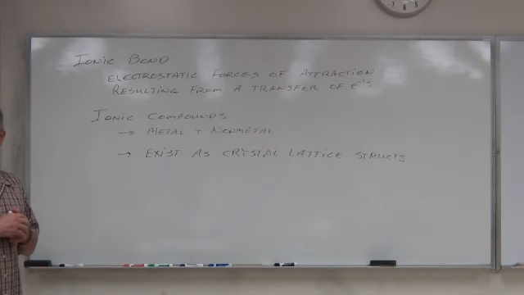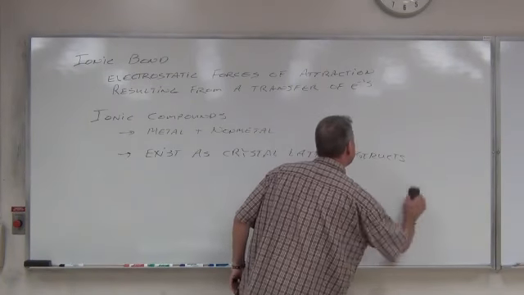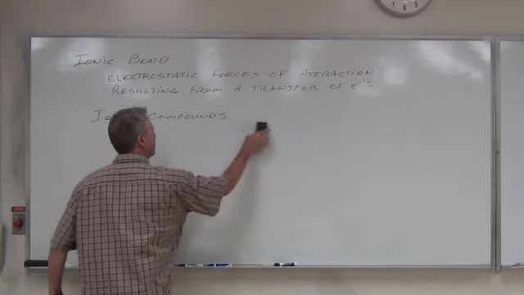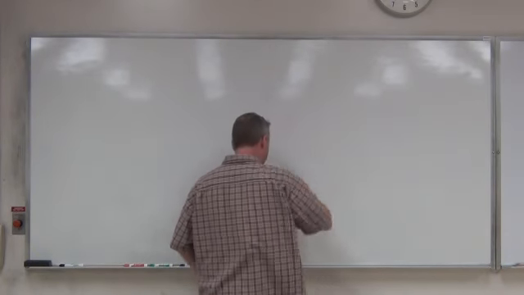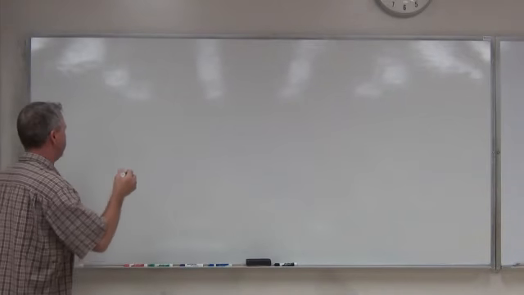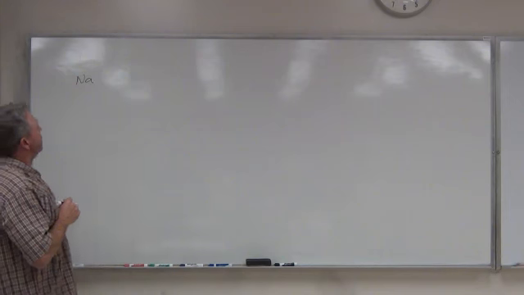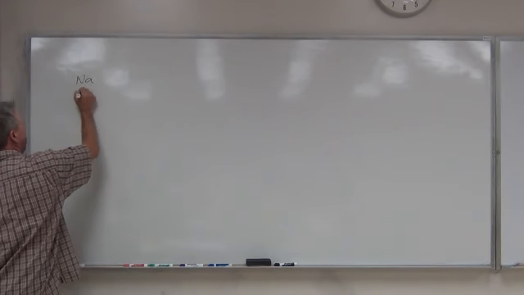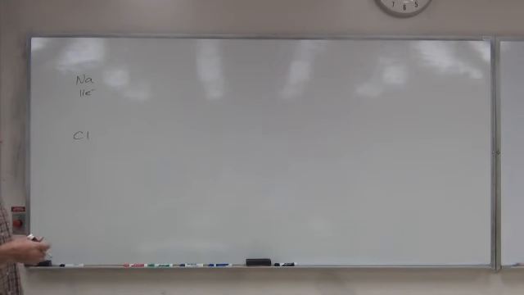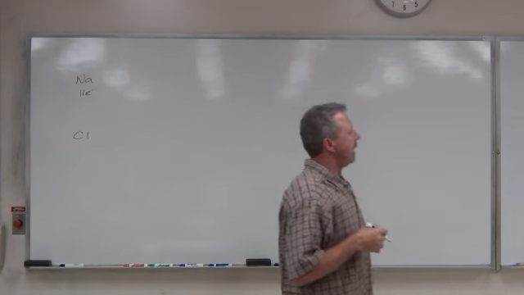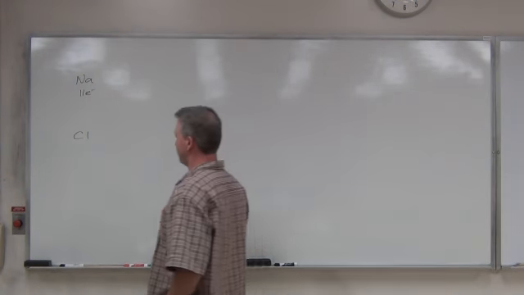Everybody cool? All right. So how do we form these ionic bonds? How do we form these electrostatic forces of attraction? Let's take a look at a simple example. Let's take sodium, with its 11 electrons. And let's take chlorine, because most of us are familiar with sodium chloride. Chlorine over here is 17, so we have 17 electrons.